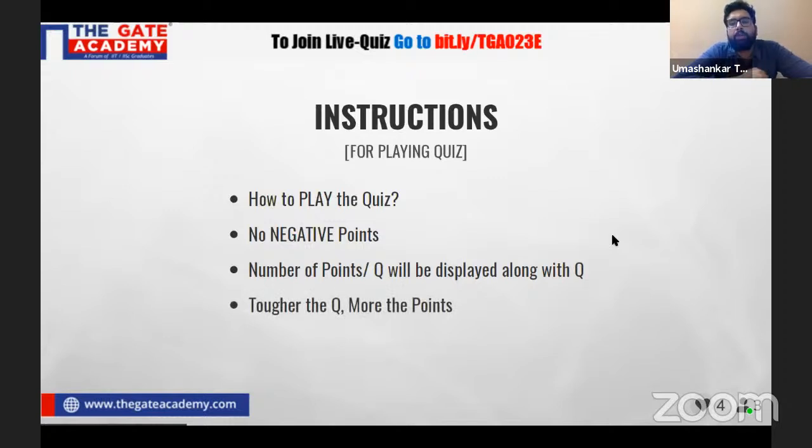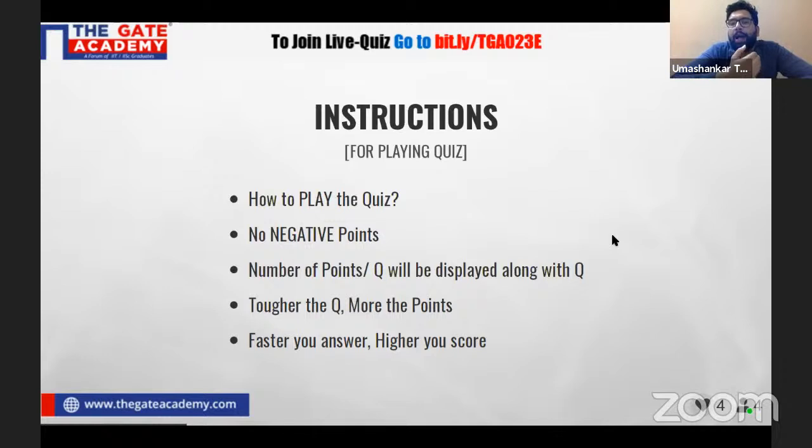As the toughness level increases, obviously the points assigned to that particular question will be more. There is also a range of points when you see a question, like 50 to 100, 75 to 150. So what does that mean?